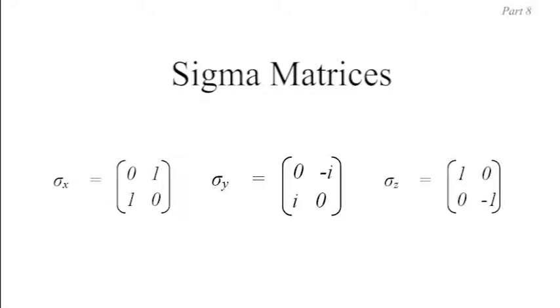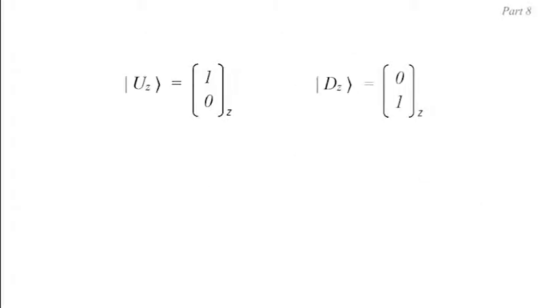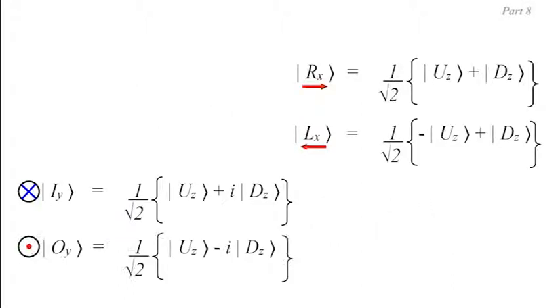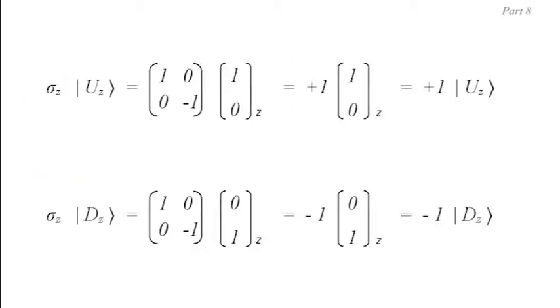We got a sense of the logic of all this by thinking of the up and down states as being column vectors in Hilbert space, and of the spin operators as being 2x2 matrices. As mentioned a moment ago, we also found that the right, left and in, out states could be written in terms of the up and down states, and that made it fairly easy to see that the application of these spin matrices on the spin states would, in certain circumstances, give a measurement of the spin as being +1 or -1.